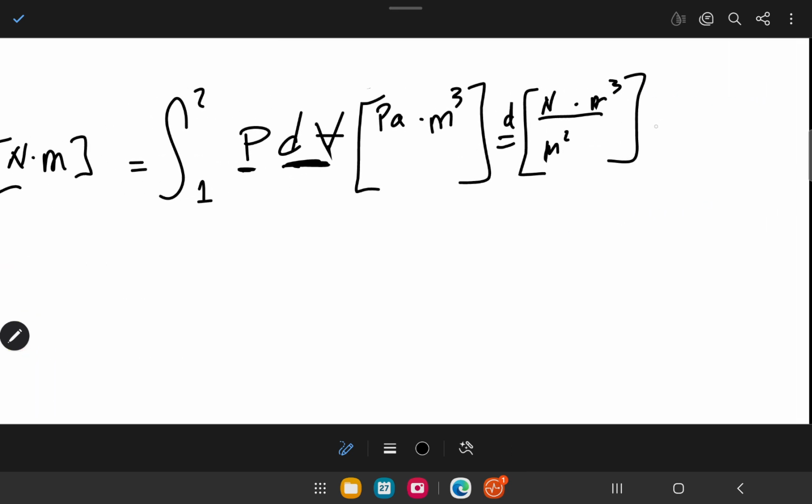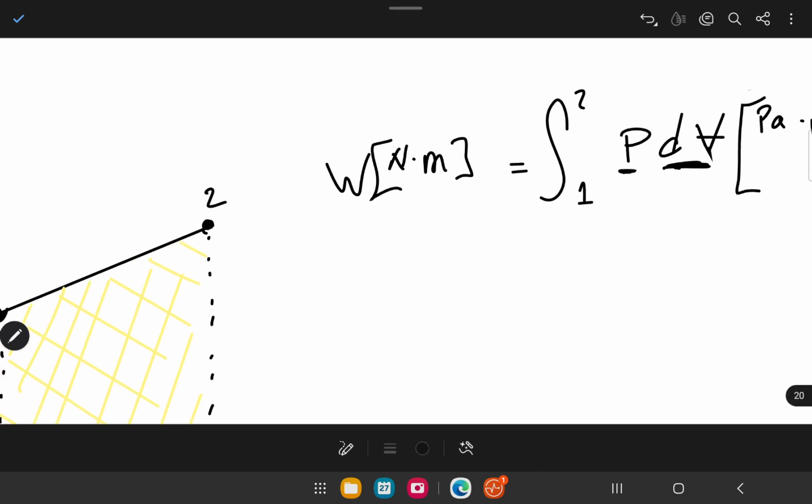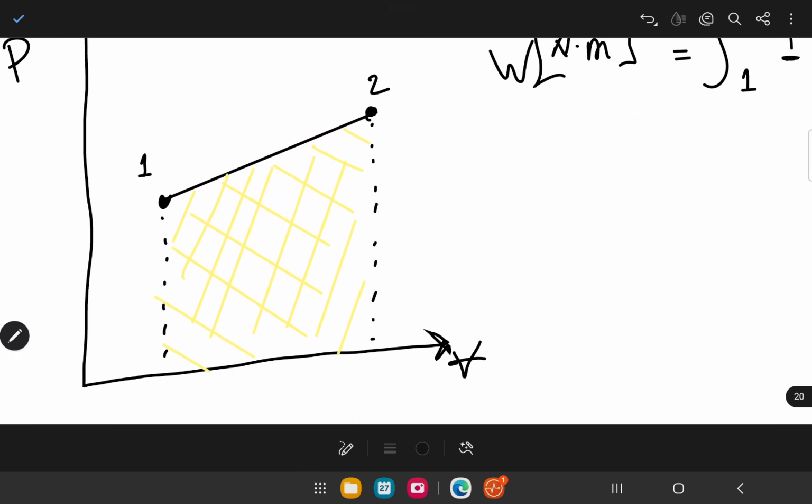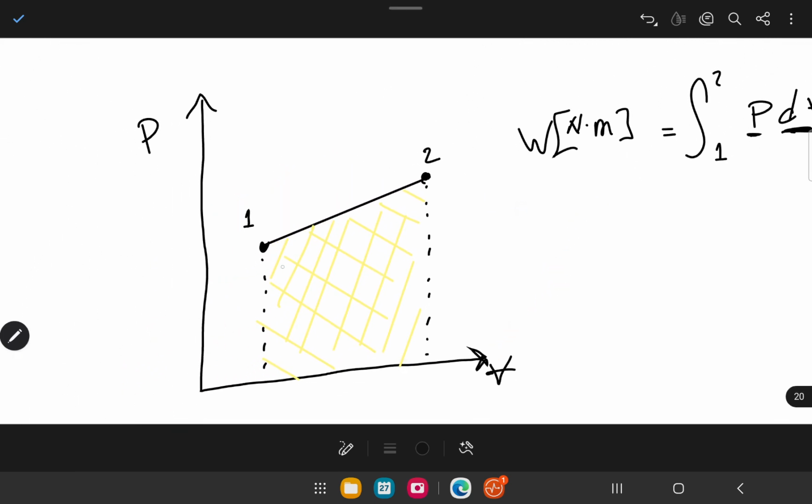If we take a closer look at that, yes, we will have newtons times meters. So that means when we are taking the integral under this curve from 1 to 2, we're able to find work.